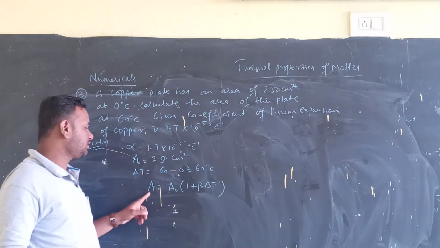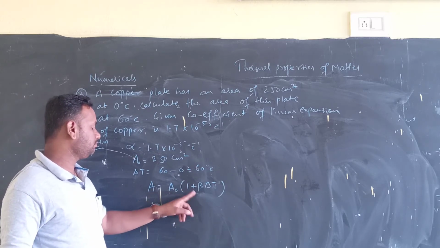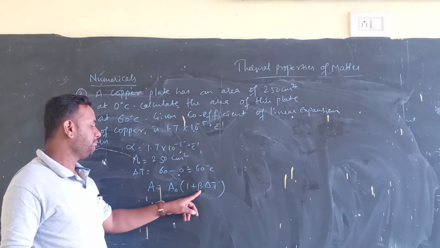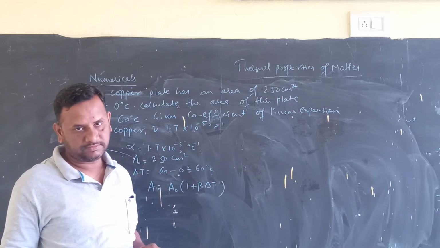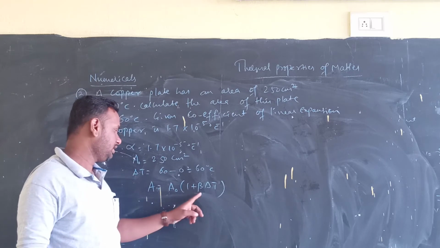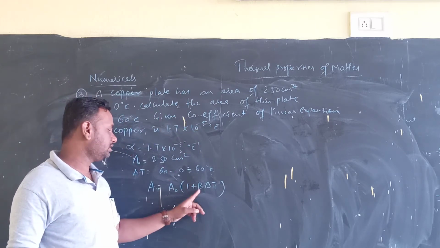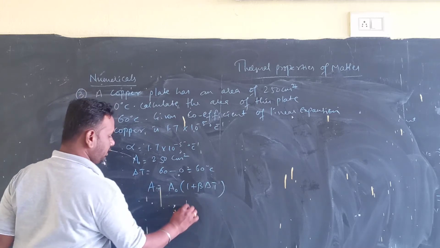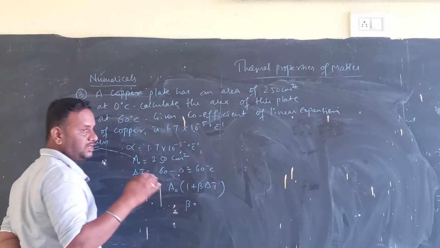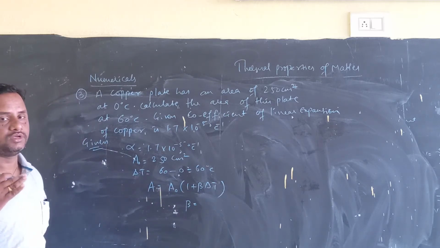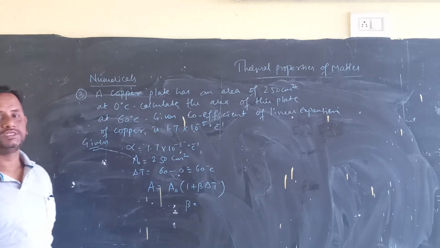What is the total area we have to calculate? A is equal to A naught into 1 plus beta into delta T. Beta is the coefficient of area expansion. He has not mentioned this, he has not given it. So let us find this beta value. As we know from the relation, alpha is to beta is to gamma is equal to 1 is to 2 is to 3.